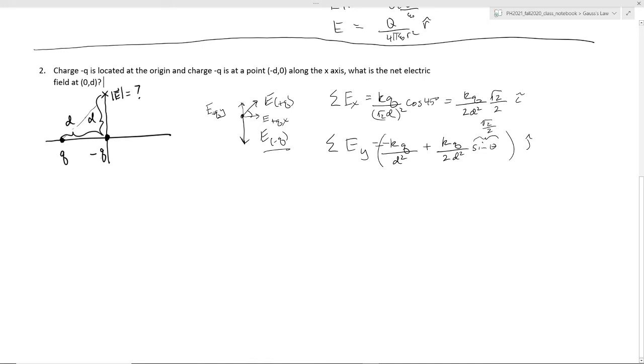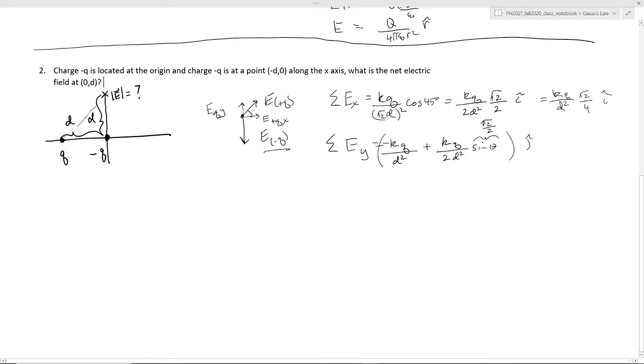And recognize, we could sort of simplify these things. We could pull out this common kq over d squared, just to make things more concise, and this will help when we add them together. Let's do kq over d squared, and then this would be root 2 over 4 in the I hat.